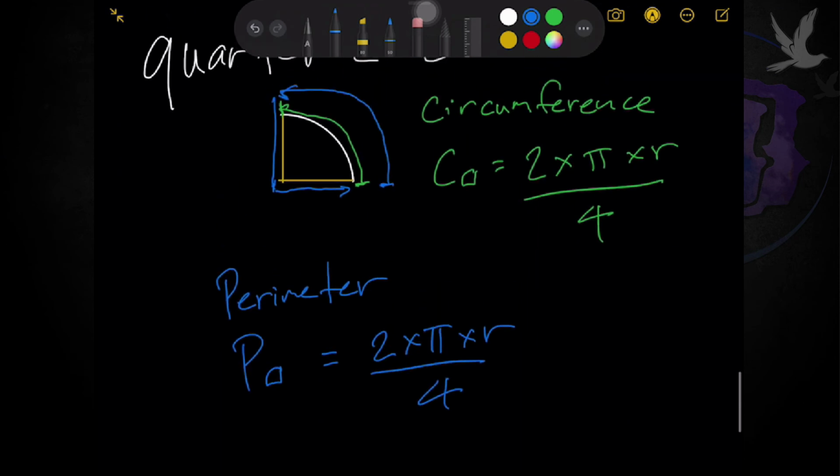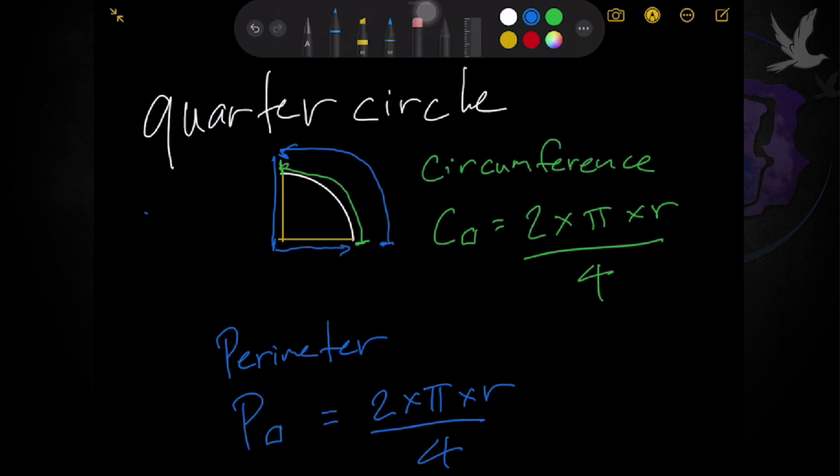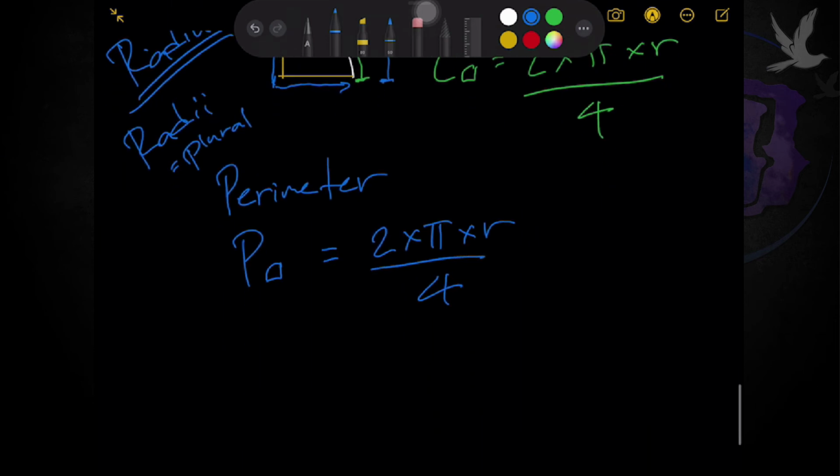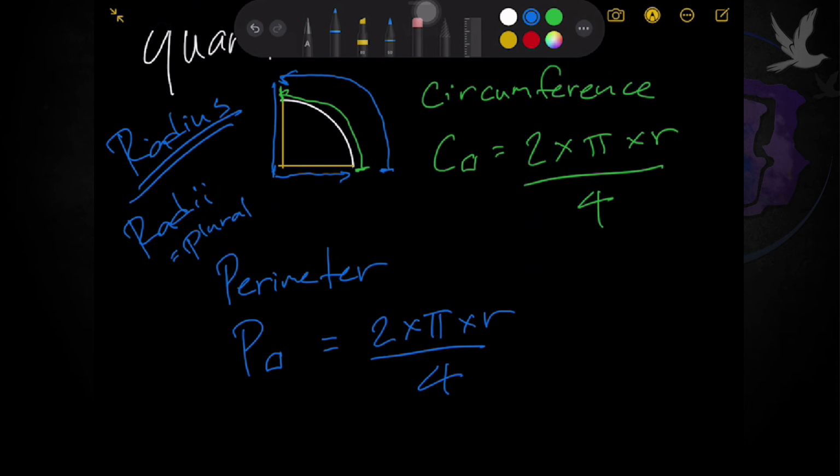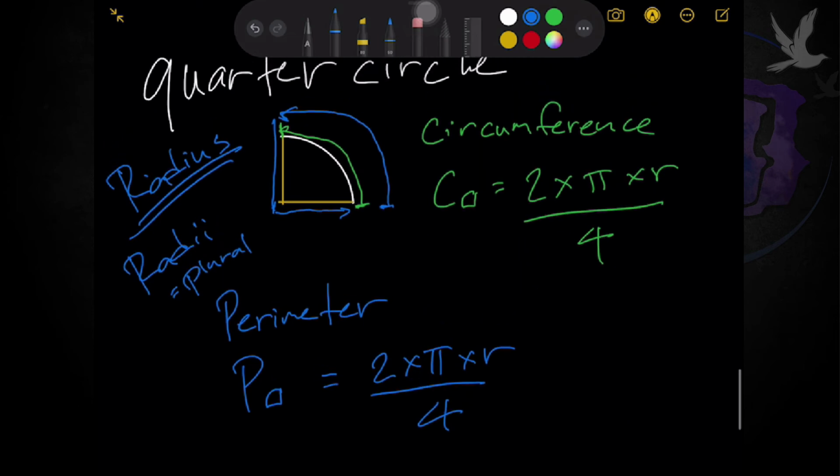Okay, Teacher Mark, what word did you just say? Radius is singular. Radii is plural. Dalawa. And then again, just to make it clear, ilang radius tayo meron dito? How many radii do we have here?